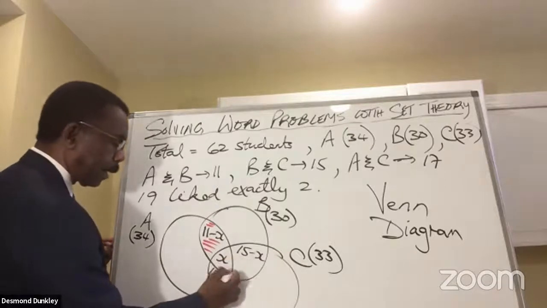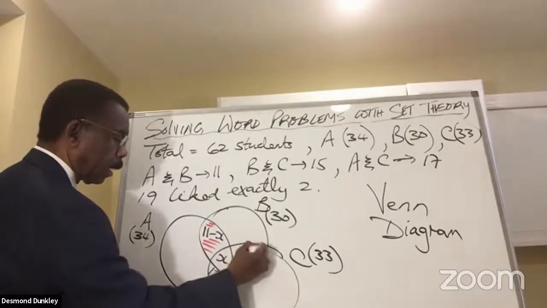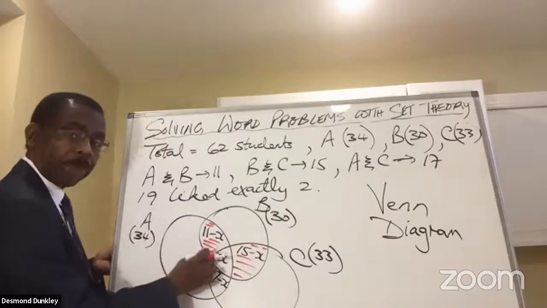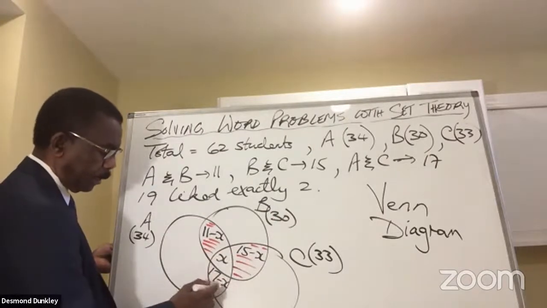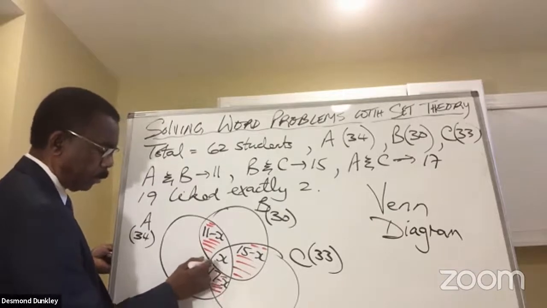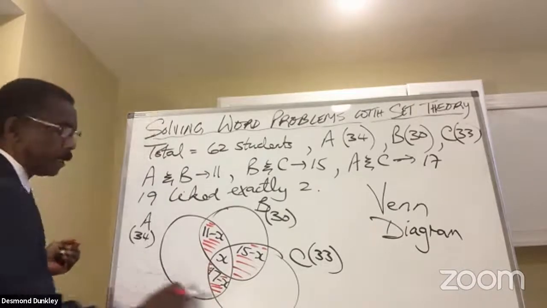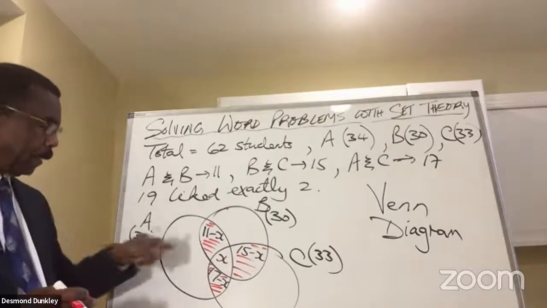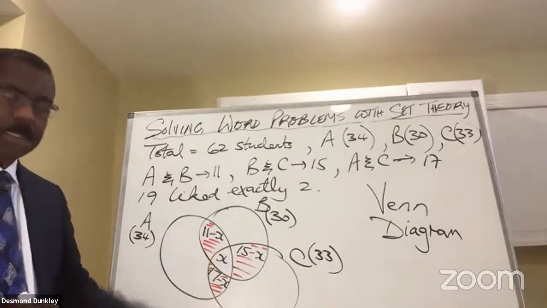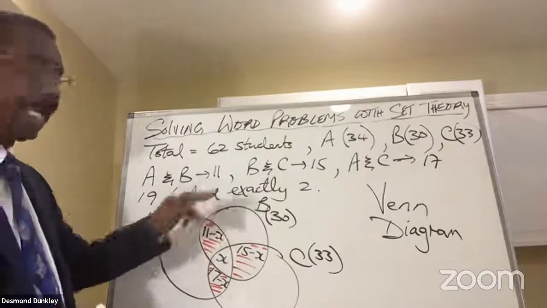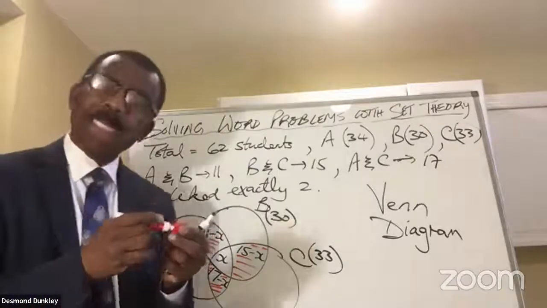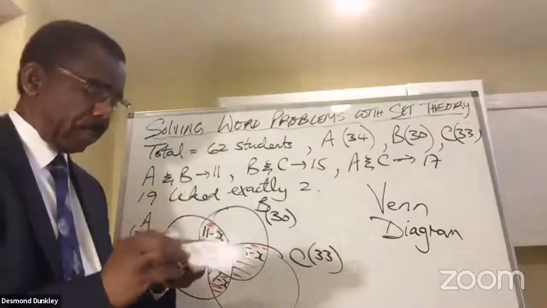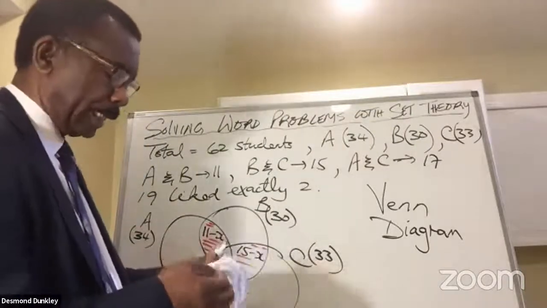This one right here is cantaloupe and banana only. It does not overlap with apricot. And this one here goes with apricot and cantaloupe, but no banana. Okay? This plus this plus this is exactly 19. So that's our key to start breaking this thing down. So let's see if we could find what X is.